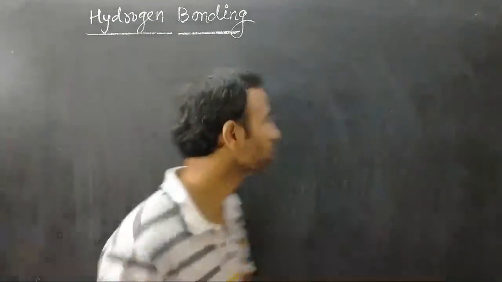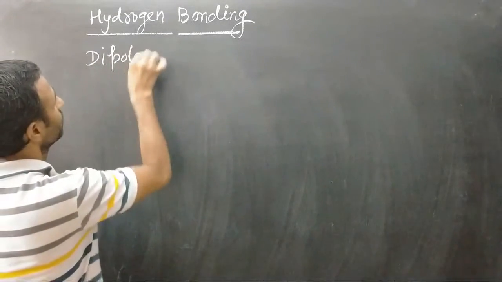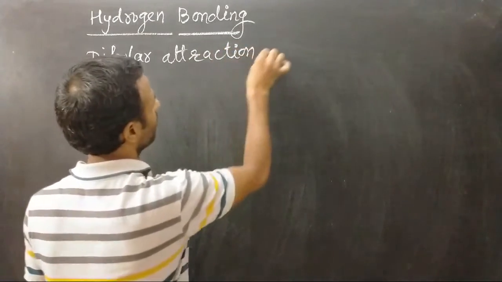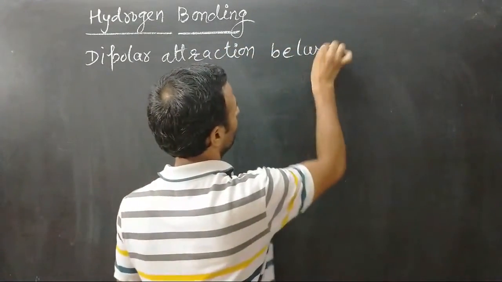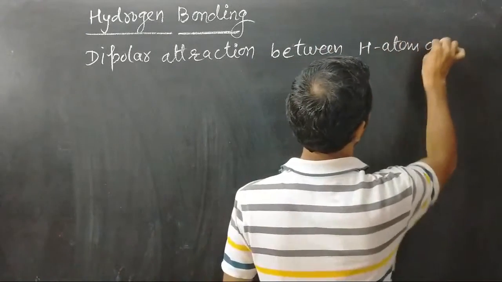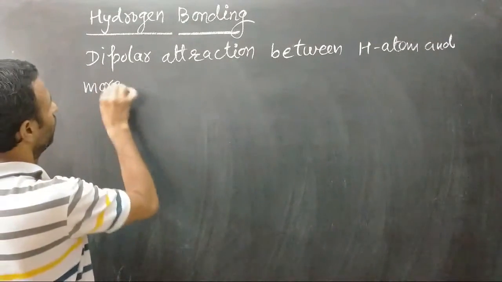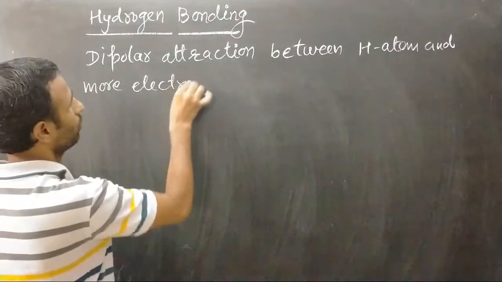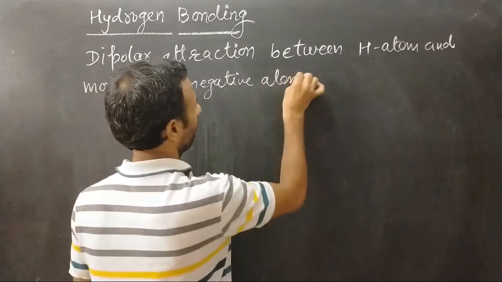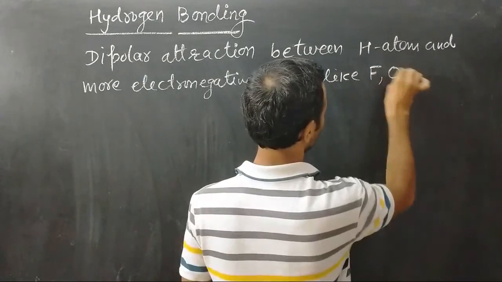It is actually simple dipolar attraction between a hydrogen atom and more electronegative atoms like fluorine, oxygen, nitrogen.